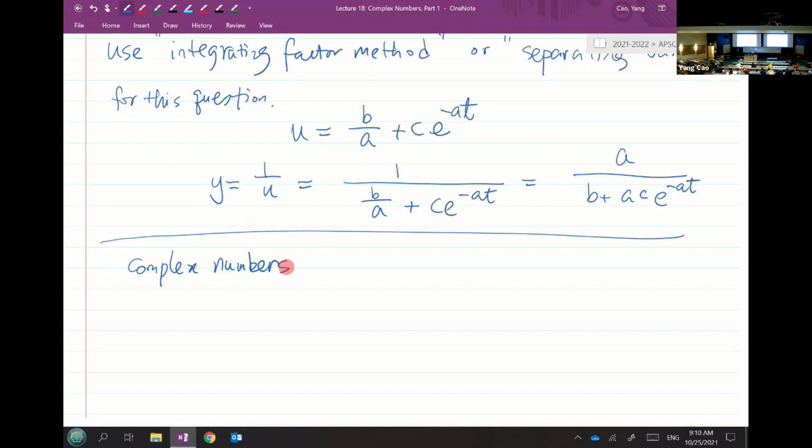I don't believe you have learned complex numbers. Have you ever covered a little bit of complex number in any other courses? Let me know if you have. Raise your hand. No, right? Oh, well, there's one, two. Which course have you learned complex number previously?